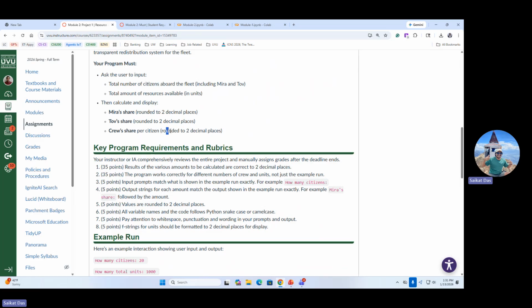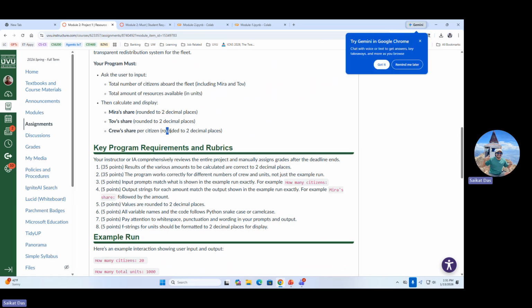You don't need to use the round function throughout the code, just only in 3 places, whenever you're calculating Toph share, Mira share, and crew share. That's it for the purpose of the round function. Do you know the round function? No? Okay. The round function is a built-in function, just like the input function.